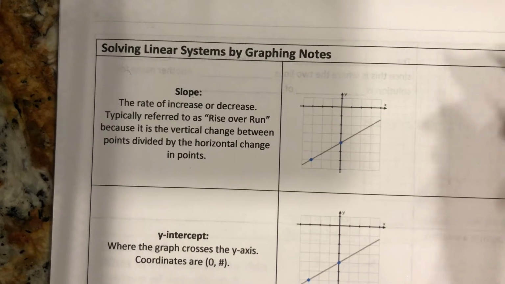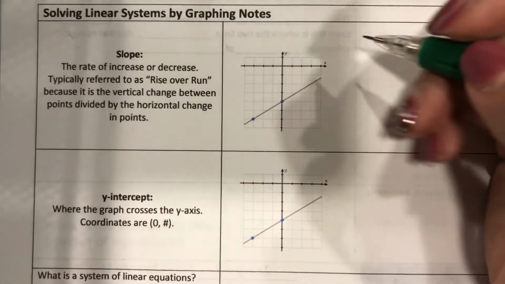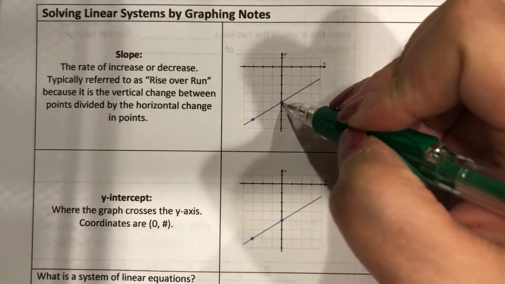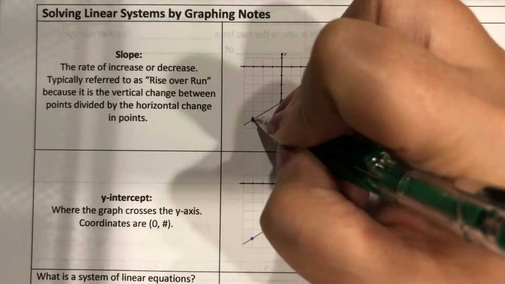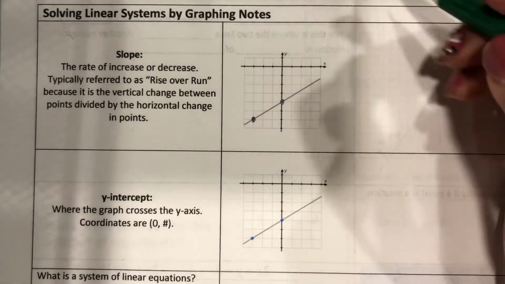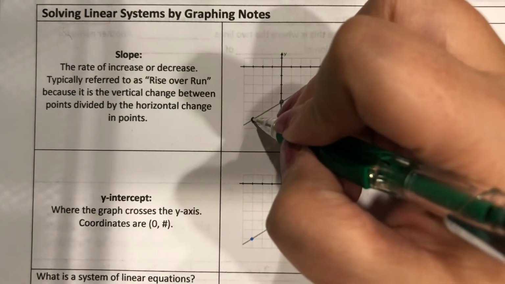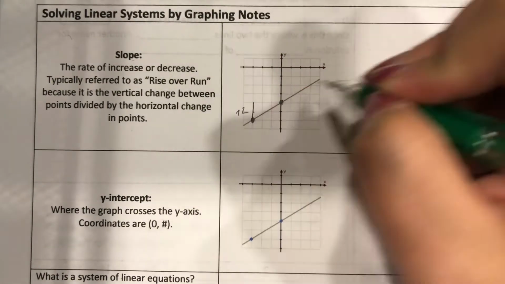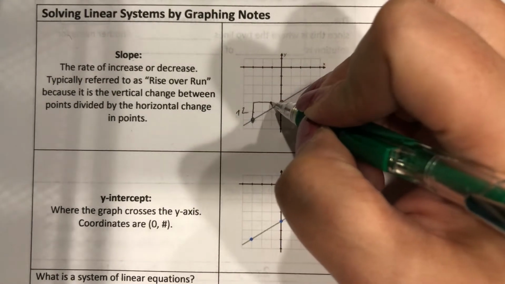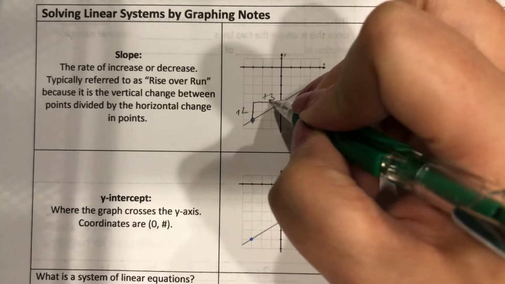So what are we talking about? If we're looking here, I have a point here, and I have a point here. If I want to find the slope of both, I would count how many go up. So 1, 2, so that's plus 2. 1, 2, 3, plus 3.